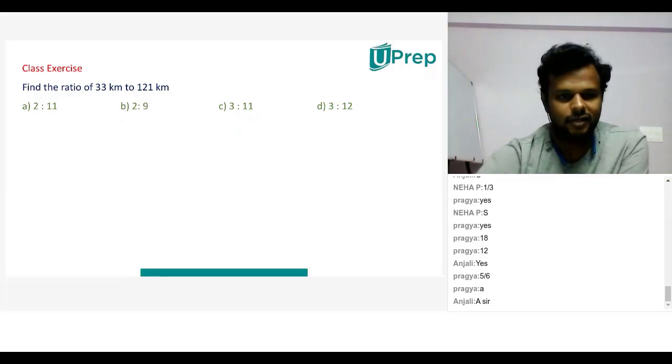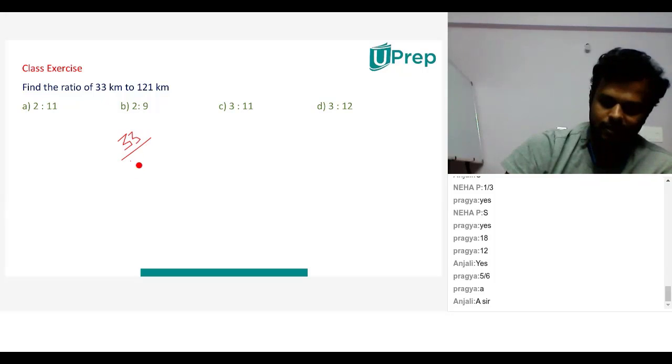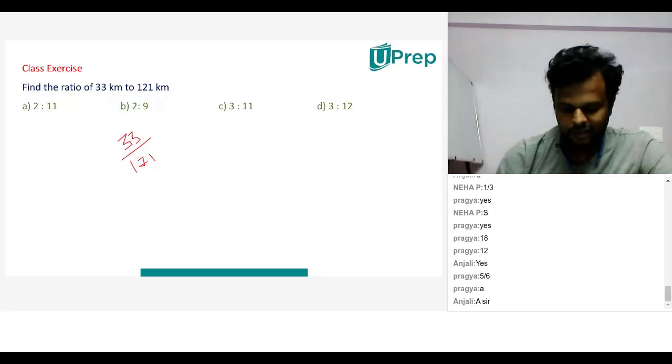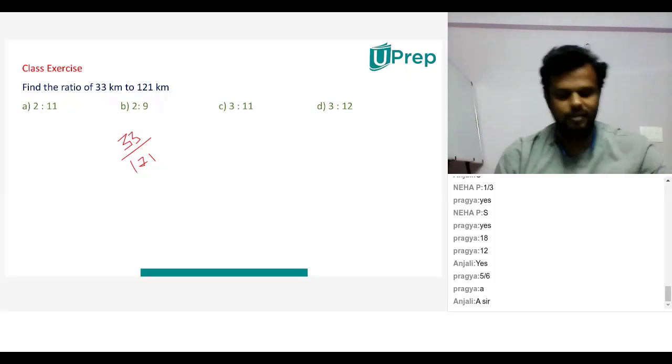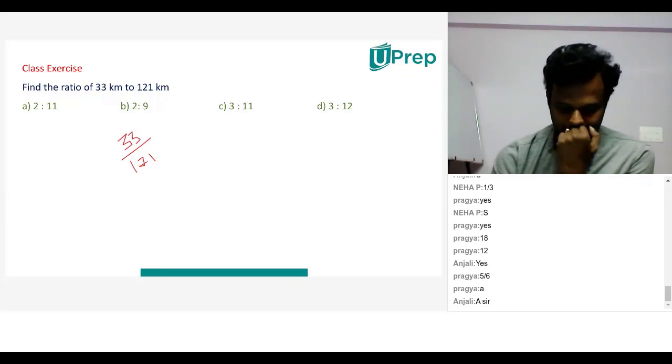Find the ratio of 33 kilometers to 121 kilometers. That means what, children? 33 by 121. Sir, but we need to find its simplest form, right? Correct, yes. So what is the common factor, children, here for numerator and denominator? What is the common factor here, children?